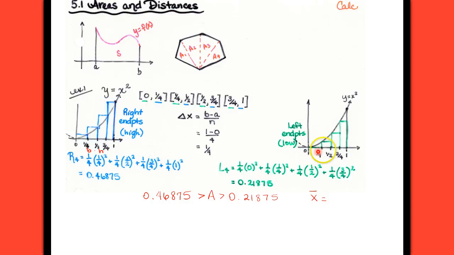So for this first rectangle on the left-hand side, I would let the left-hand endpoint set that height. For this next rectangle from 1/4 to 1/2, I'd let the left-hand side set the height. From 1/2 to 3/4, left-hand side sets the height. Same thing here, left-hand side sets the height.